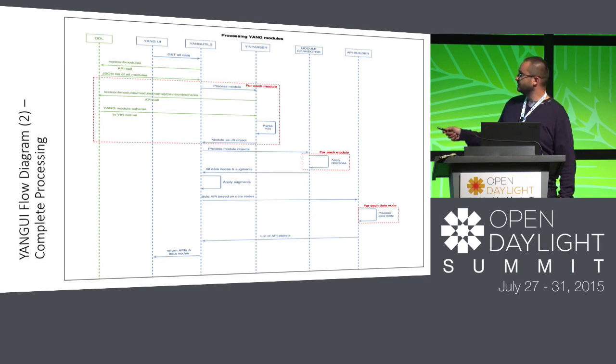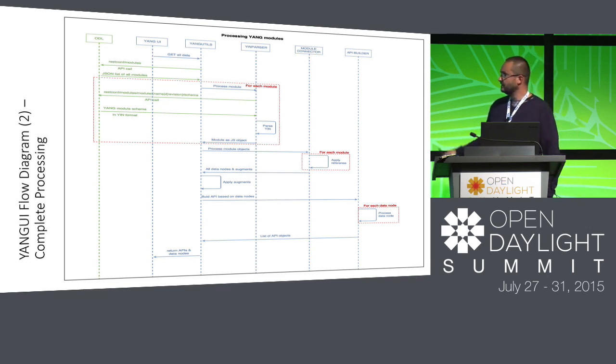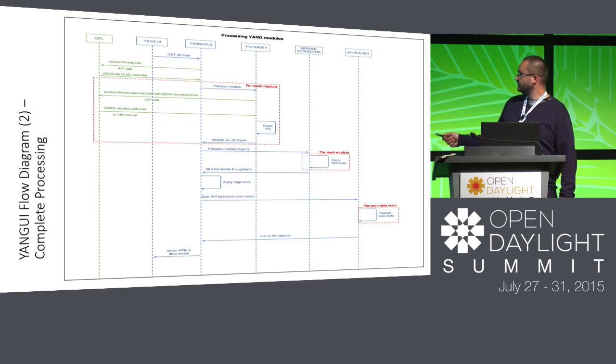For every module we get from the controller, we ask for the schema and parse the YIN, creating JavaScript objects from the YIN. Every module we process in the module connector. YIN parser, module connector, and API builder are just factories in the YANGUI utils.